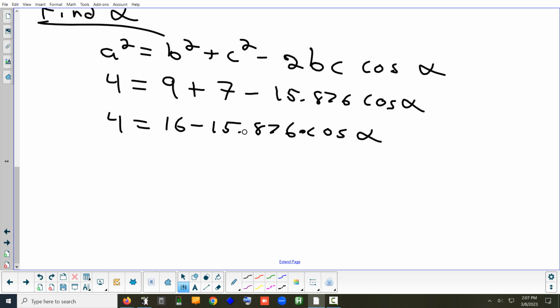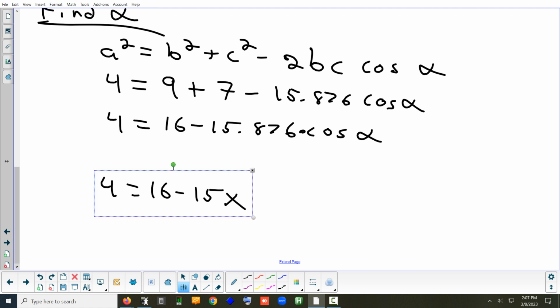And the next step is exactly the same as what you would do in this equation. 4 equals 16 minus 15 times something you don't know. So whatever you do next here to start getting x by itself, you do the same thing up there. So what would you do next?